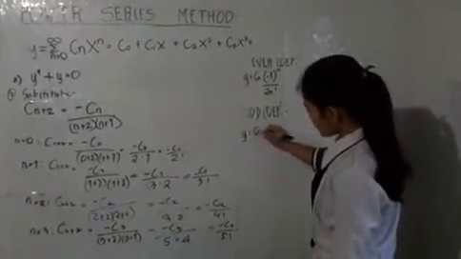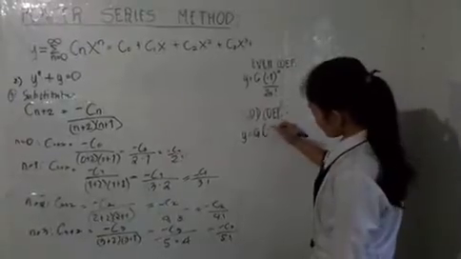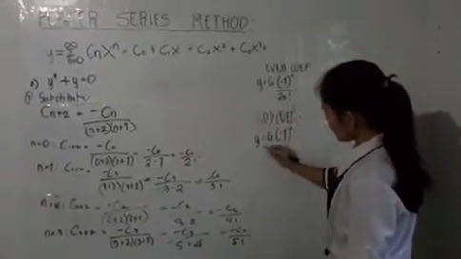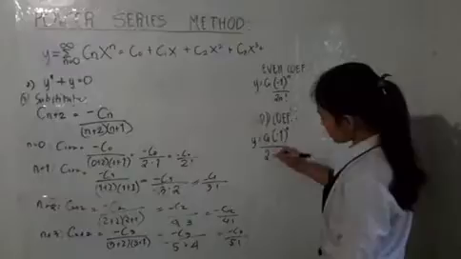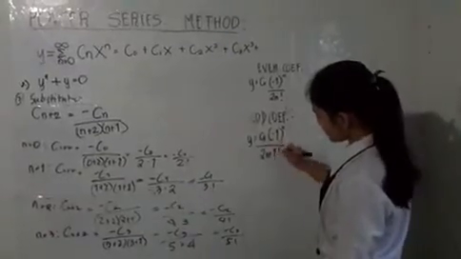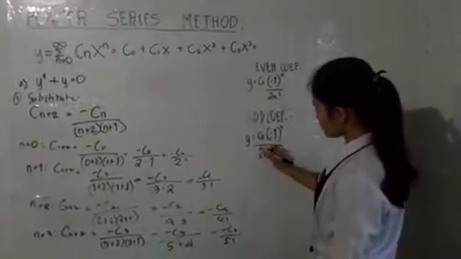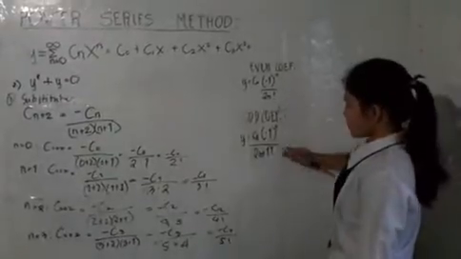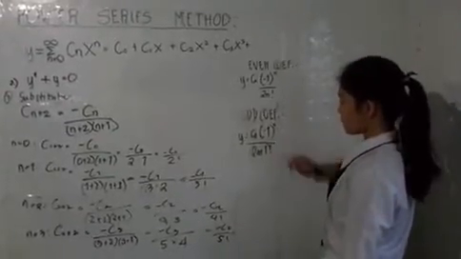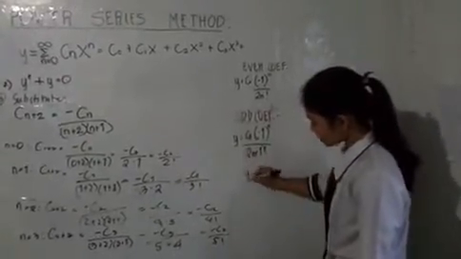Y is equal to C1 negative 1 raised to n over 2n plus 1 factorial. Now, from here, we can derive our whole formula.